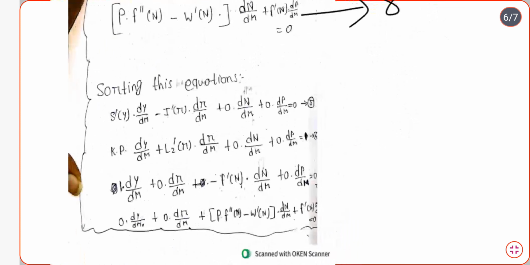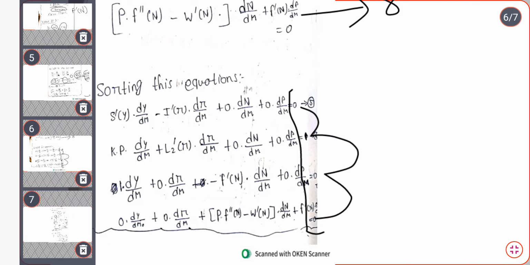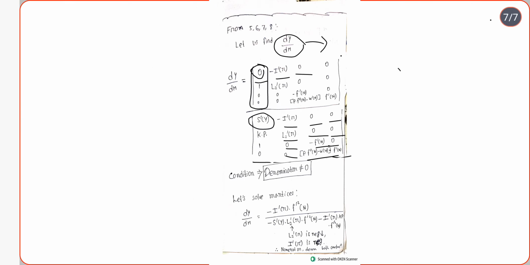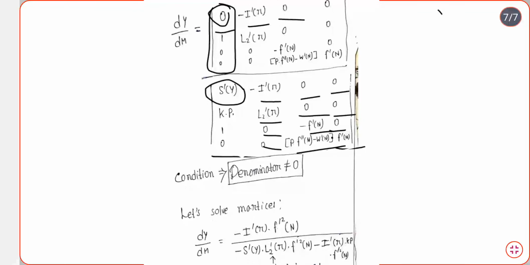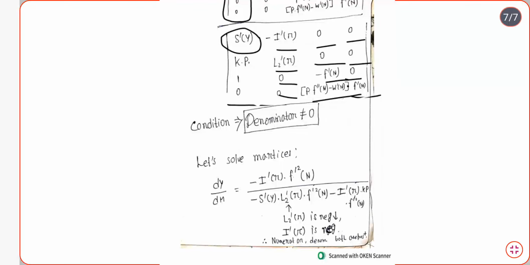Here the equations are written, and we have to take the right hand side of the equations, that is 0, 1, 0, 0. Just put these values in the numerator matrix: 0, 1, 0, 0. After solving this matrix you will get the value of dydm.